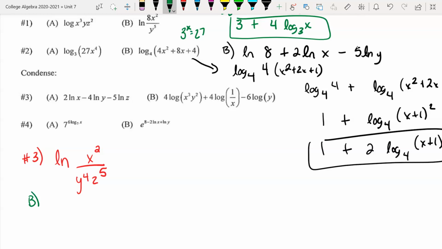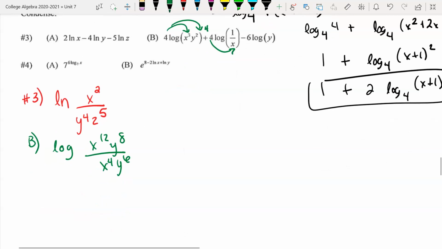The b part on that one, we're going to say log of x to the 12th, y to the 8th, because that 4 is going to become an exponent, so we're going to multiply, over, this would be x to the 4th and y to the 6th, because we're subtracting. So then I got to simplify it from there. I got to subtract exponents, exponent rules, x to the 8th, y to the 2nd.